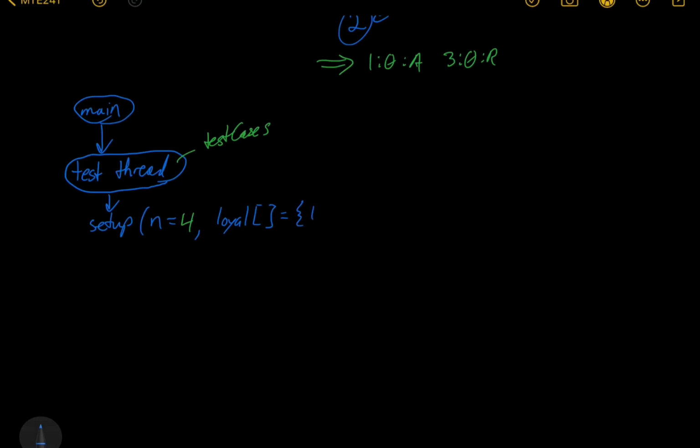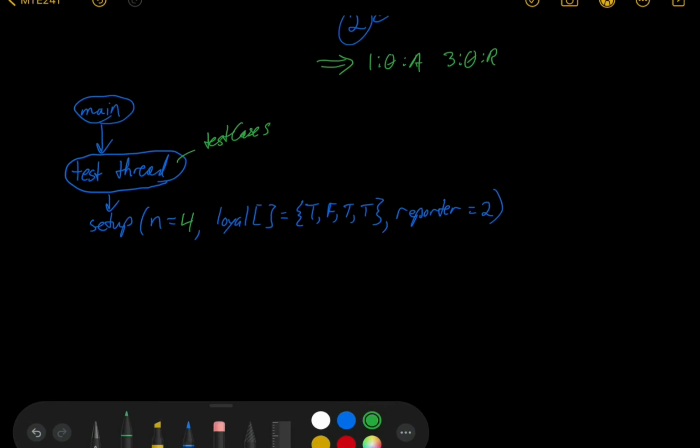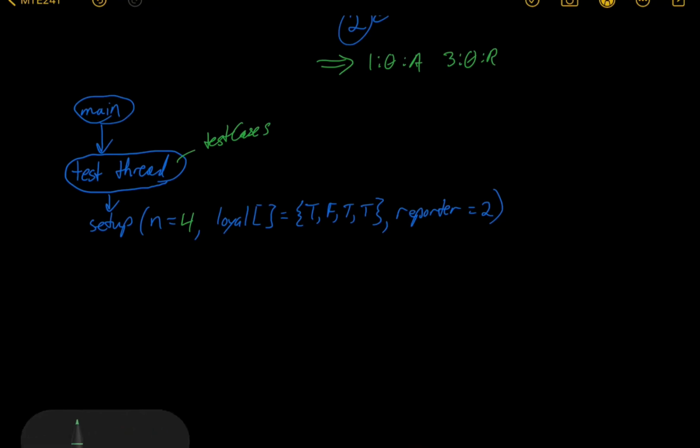So for test case 1, it's going to be true, false, true, true. And the only other piece of information that it needs is the number of the reporter. And that was general 2 for test case 1. So that was 2, and these values are particular to test case 1.